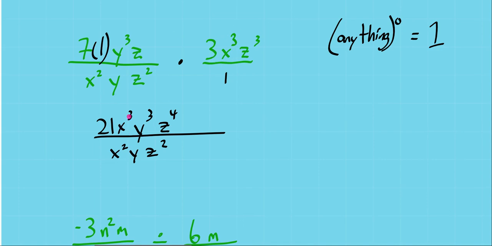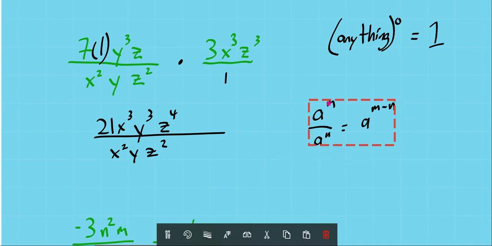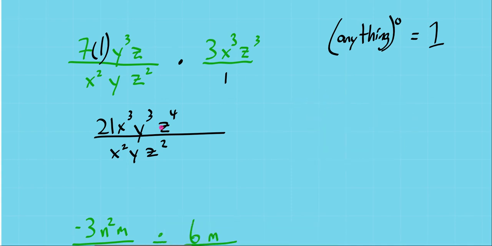Now, I've got x cubed on the top and x squared on the bottom. I know that if I have something like this, that's the same as subtracting those two exponents. That's from our exponent laws. So we'll do that. So we have x to the 3 minus 2.